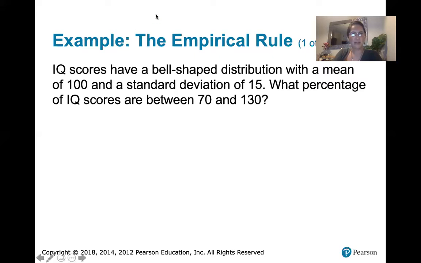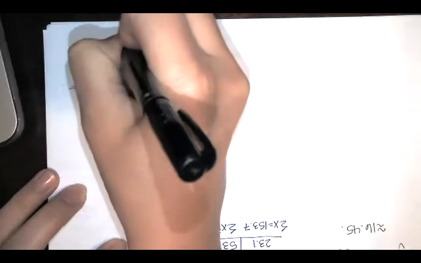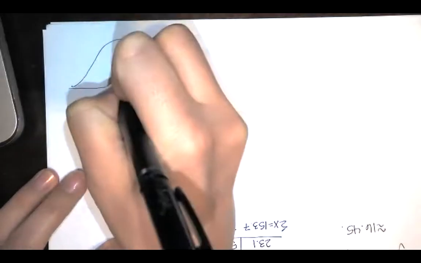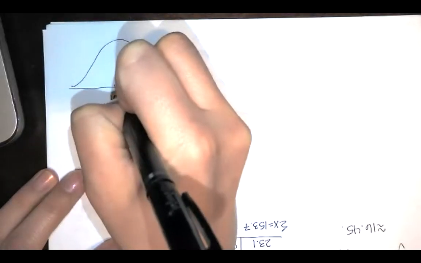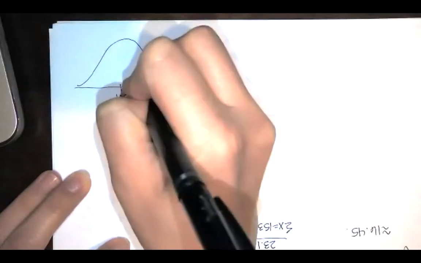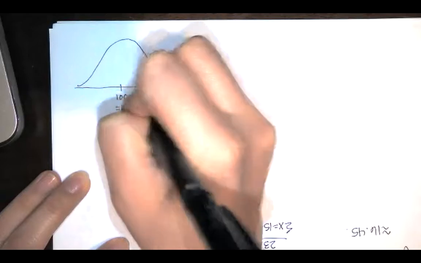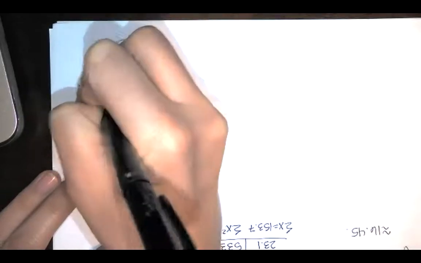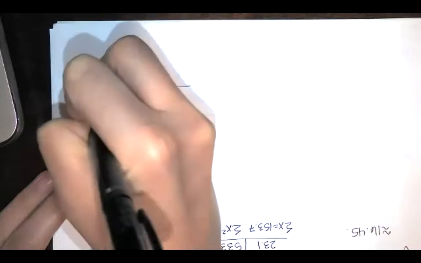I'll do this on my paper. So we've got IQ scores, and they have a distribution like this. And they told us that the mean was 100, and the standard deviation is 15. So we add 15, so that's the mean plus 1 standard deviation, and we subtract 15, that's 85, that's the mean minus 1 standard deviation.